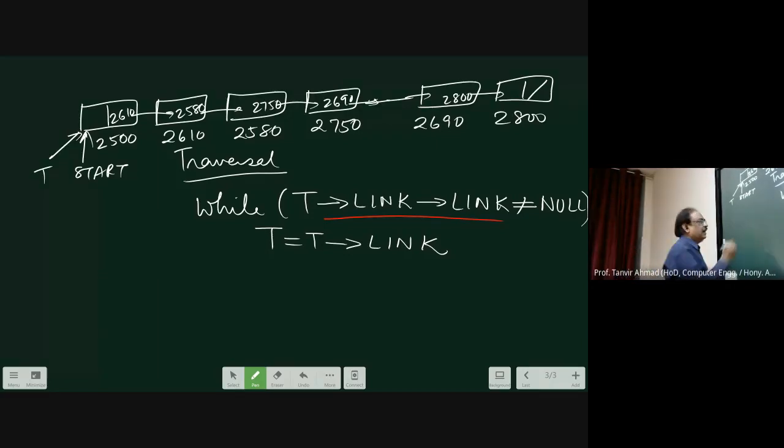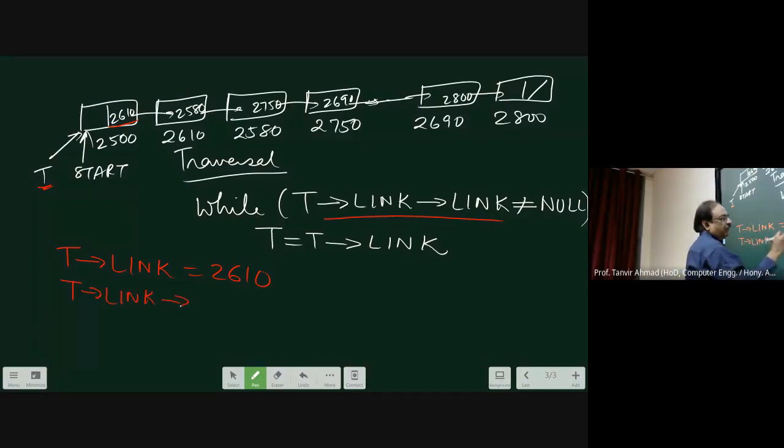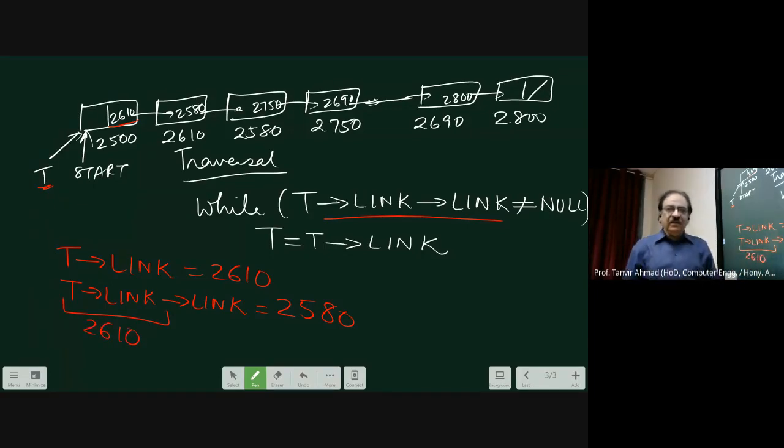Now let us try to analyze. T of link in this case is 2610, plus the link part. Now T of link will be equal to, because this is now 2610, the link part of 2610 is 2580.